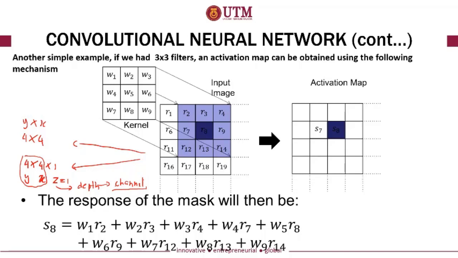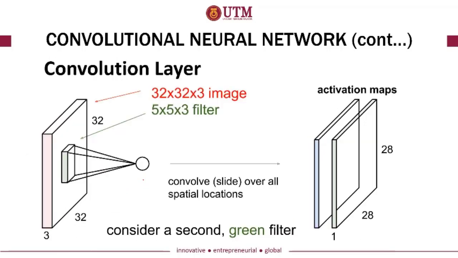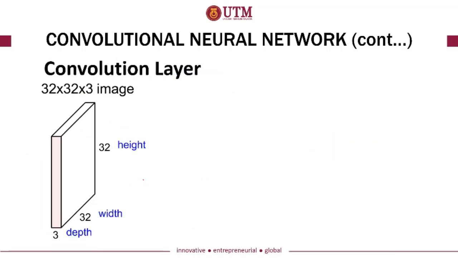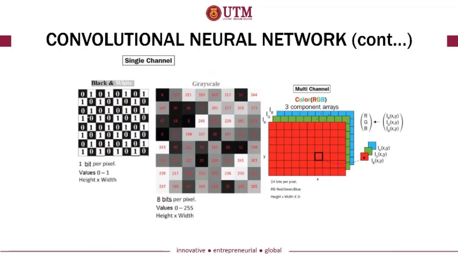You can find out in this example. This picture is taken from an image processing book, that's why they call this one a single channel. This kind of image, whether it is grayscale or black and white, you call it a single channel, because the depth, or the z, is equal to 1.